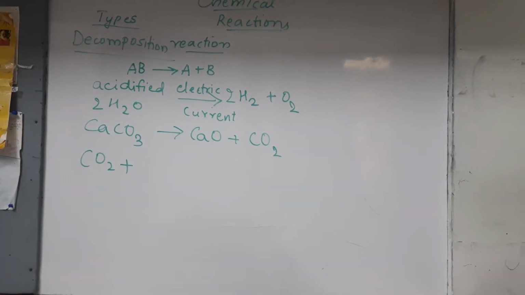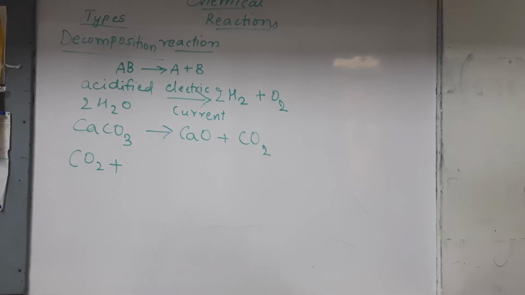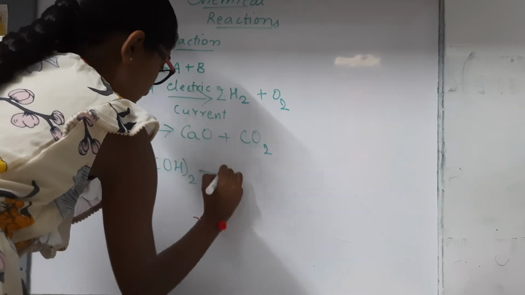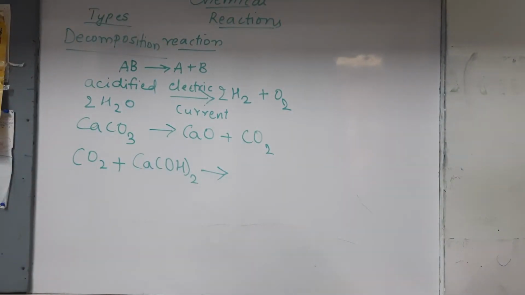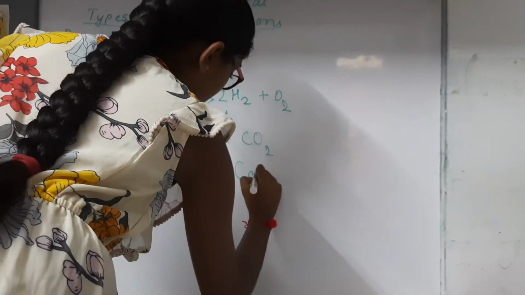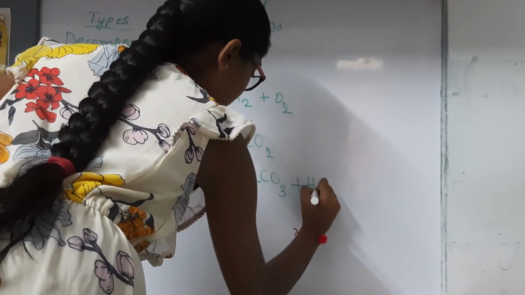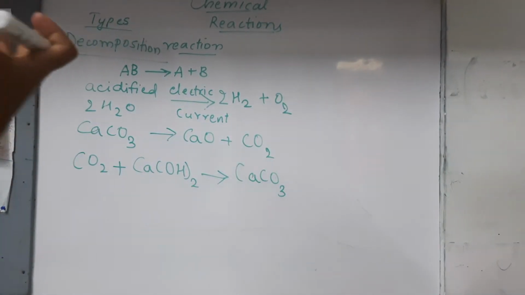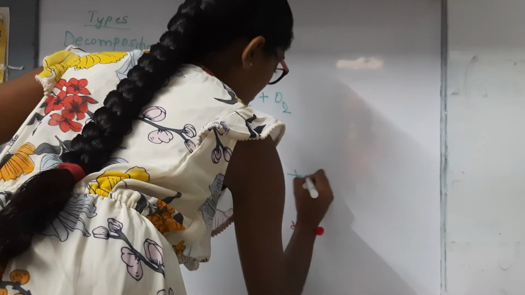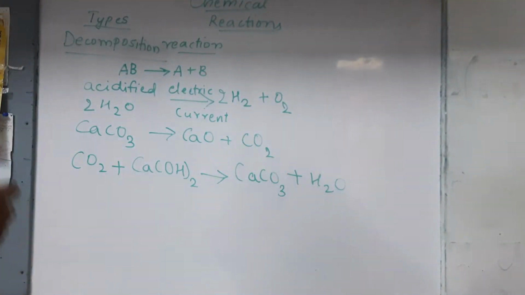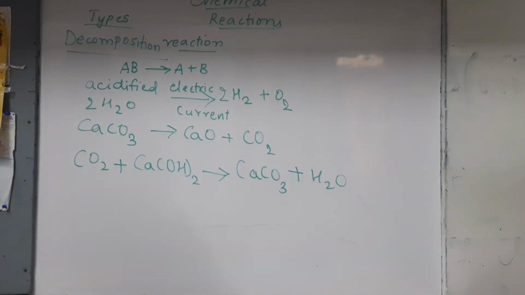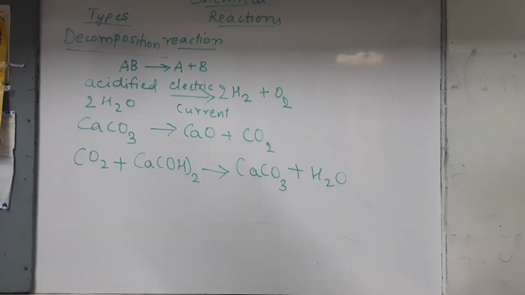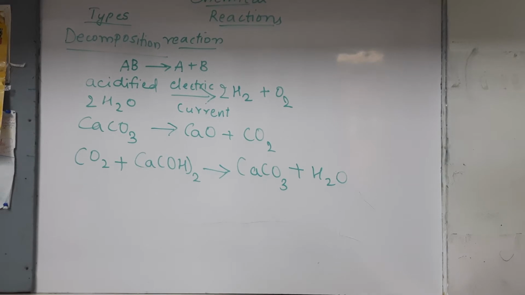When lime water turns milky, it forms CaCO3. So CO2 plus Ca(OH)2 gives you CaCO3 plus H2O. The water is liberated. This is also a self-balanced equation.